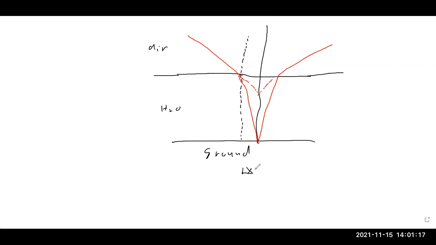So our horizontal distance traveled by the light is x. Our actual vertical distance traveled by the light would be our depth. And how far it seems like it traveled, I'll call d prime.